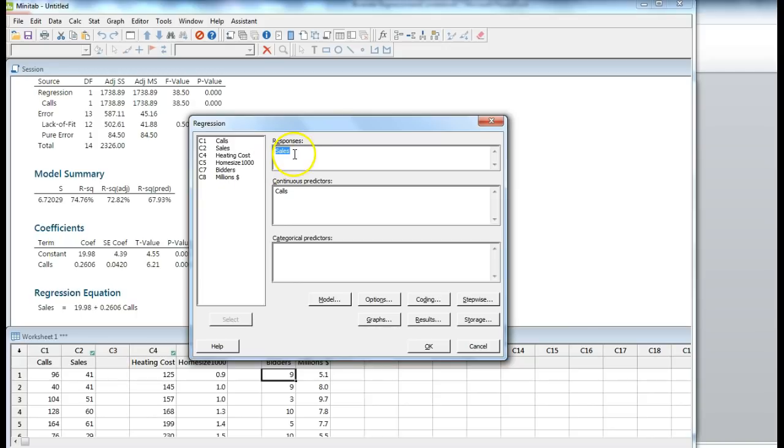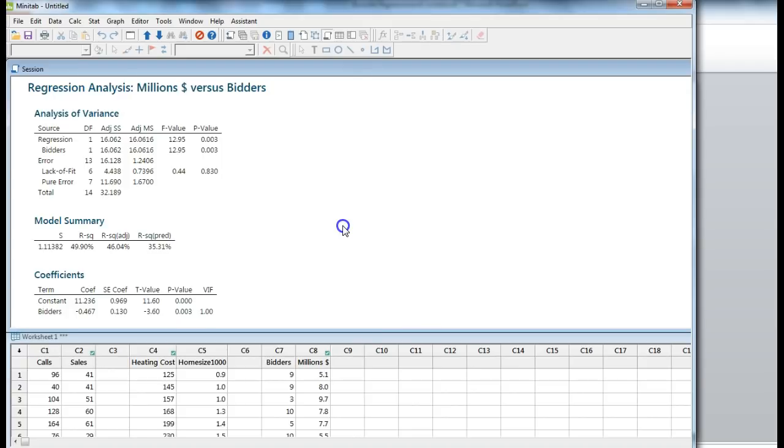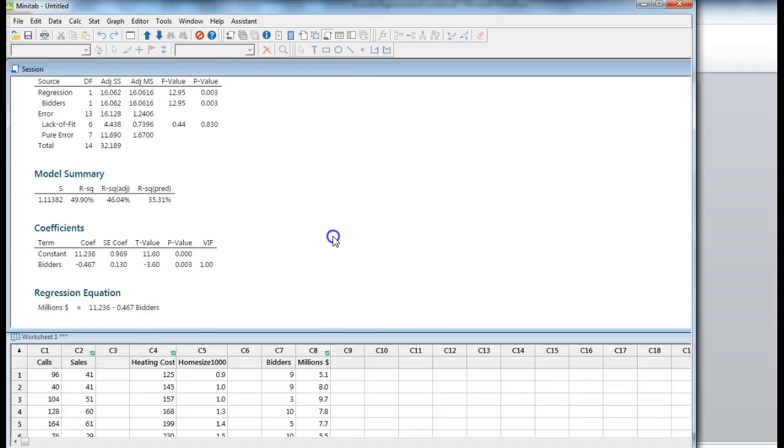All right, I'm going to say that the bidders affects the price. The price doesn't affect the number of bidders because they're all very similar projects. So then we say okay, and out pops my regression equation. And notice my coefficient is negative. As bidders goes up, project price goes down, and I have a p-value less than alpha here.